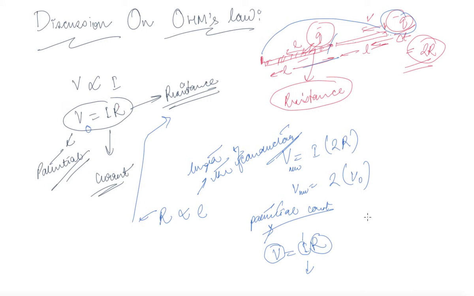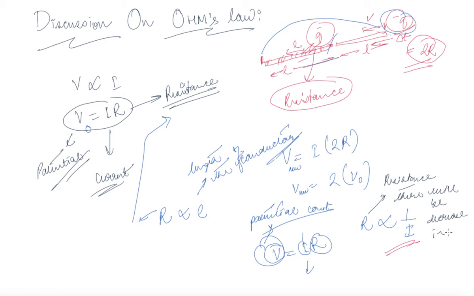Increase in R, decrease in current. That means if potential is kept constant, R is inversely proportional to current. What does this particular statement tell us? It tells us that with the increase in resistance, there will be a decrease in current. So this is what we come to know.